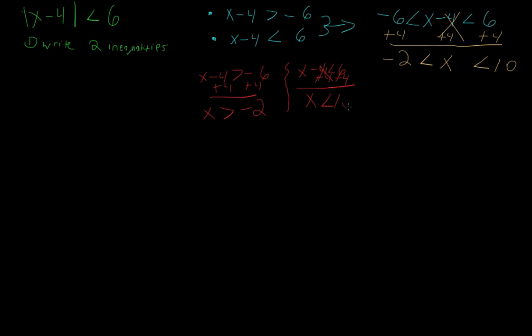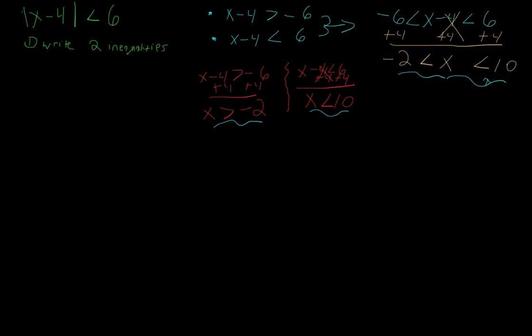X is less than 10. Okay, so watch this. X is less than 10. It's right here. X is greater than negative 2. If you read it from right to left, it's basically saying that x is greater than negative 2. So these two mean the same. We just put them together.